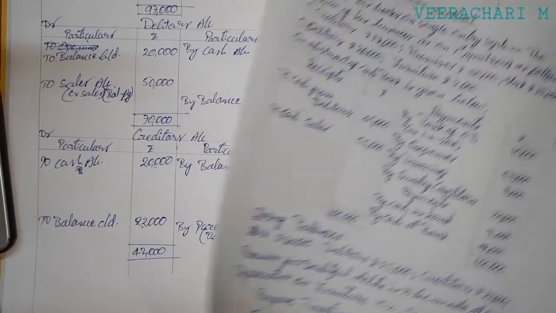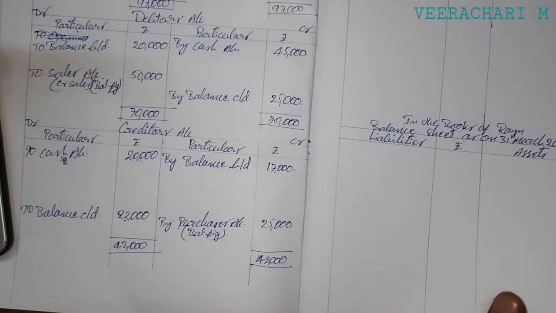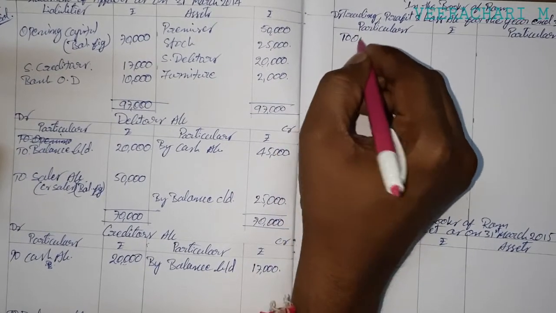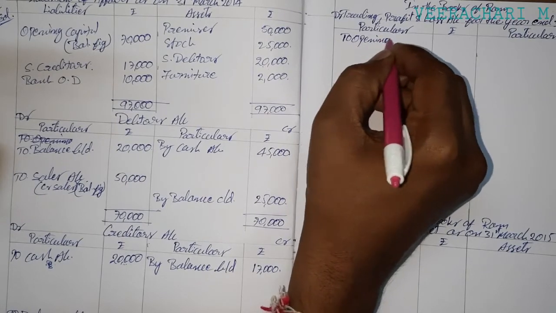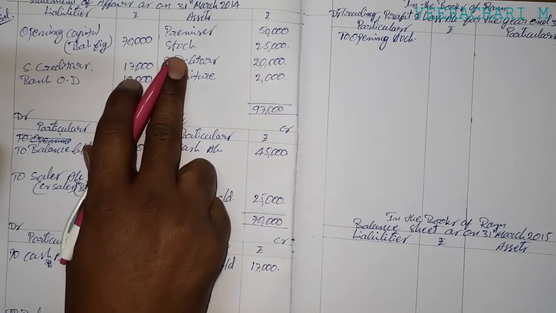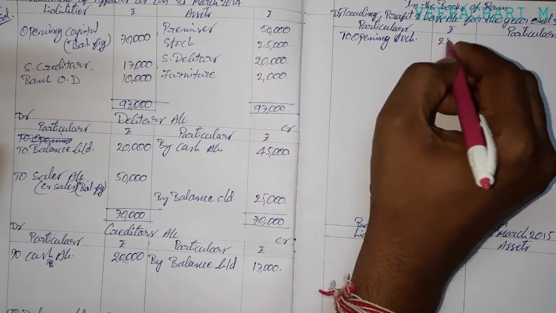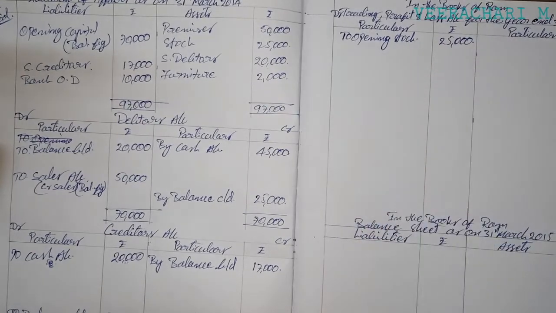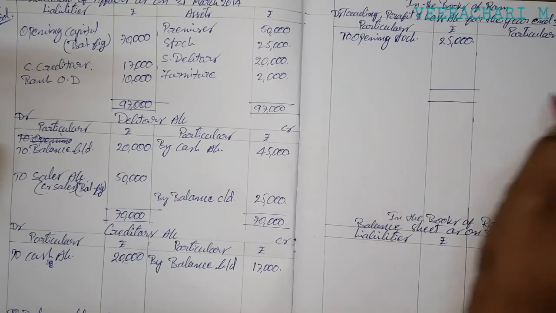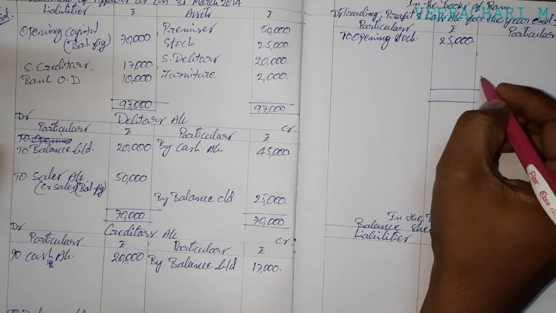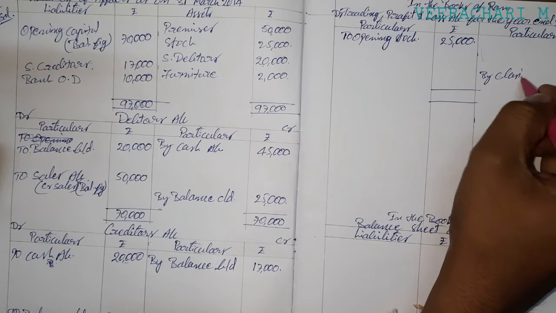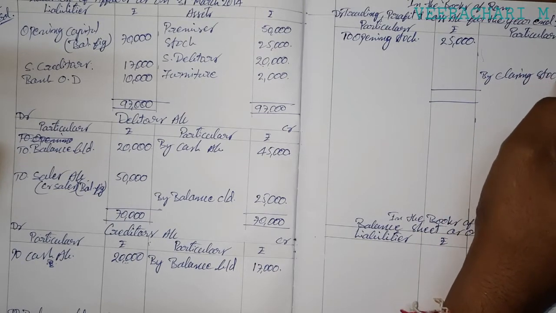Now with this information you can prepare trading account. In trading account, first of all we should write opening stock. Already we know the opening stock with the help of opening statement of affairs, that is 25,000. Next, whatever the closing stock, we can credit it to trading account by closing stock account.